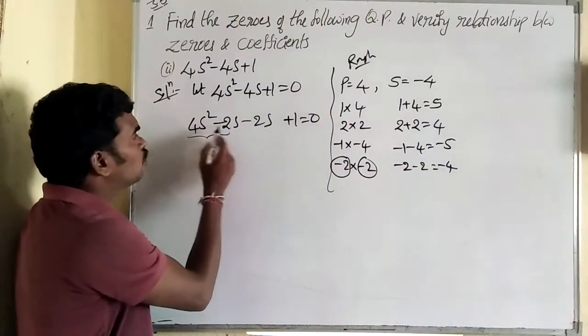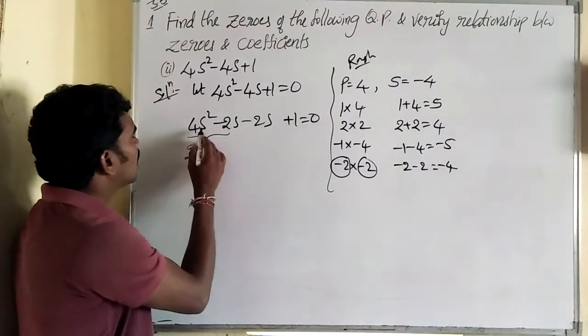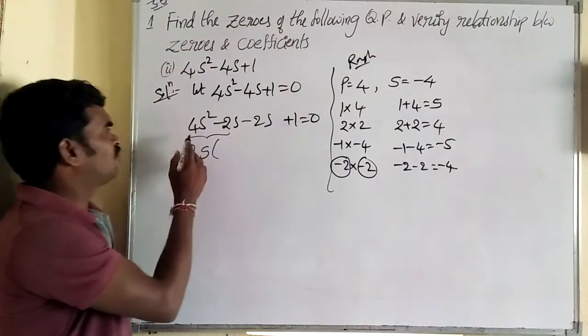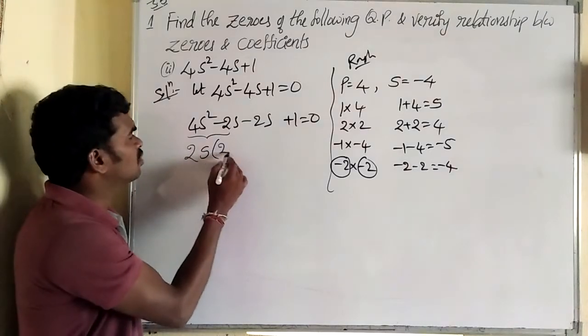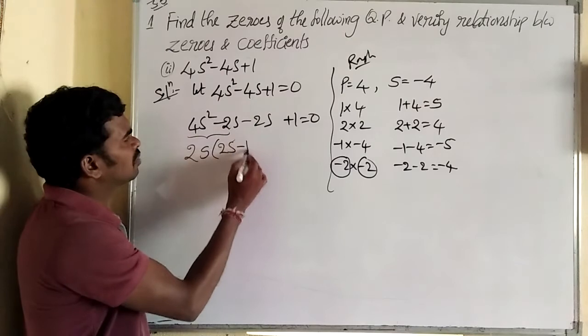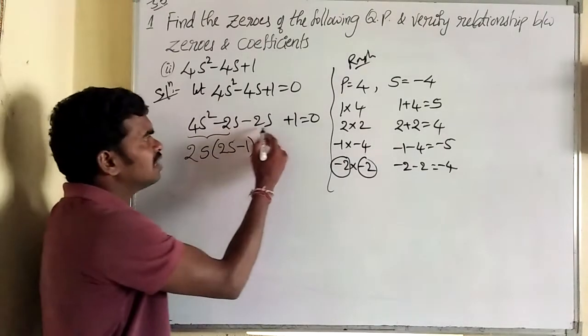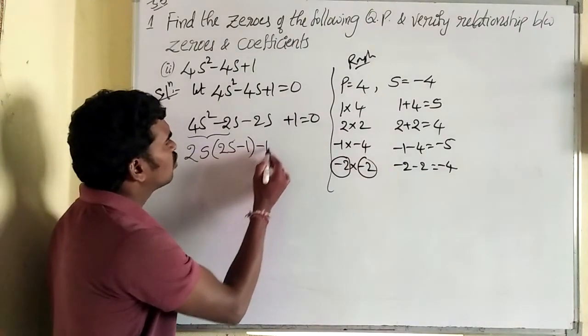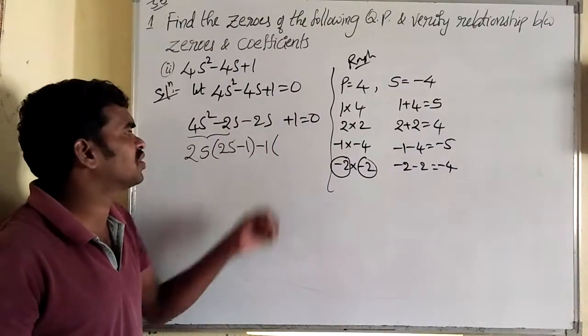Yes, very good. Both come in the 2 table, so 2 is common, and s is in both terms, so s is common. Then 4s takes out 2s, remaining 2s. Minus 2s takes out common, remaining is 1. And here in both, what is common? Nothing is common, so we write only 1. If there is no common term, we write 1.